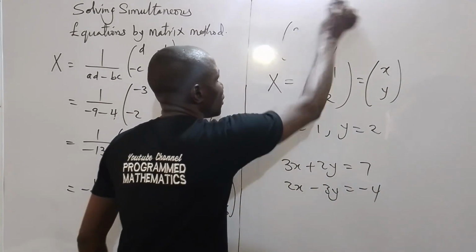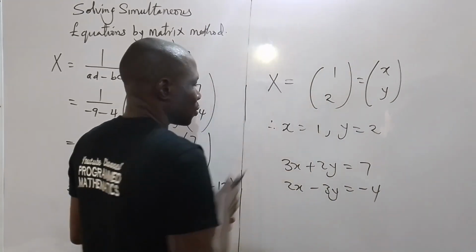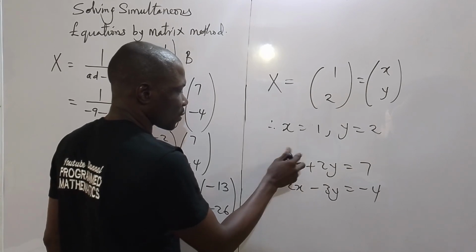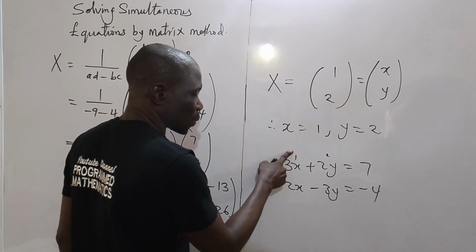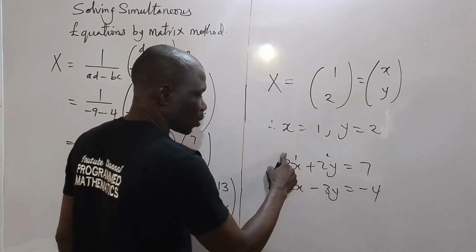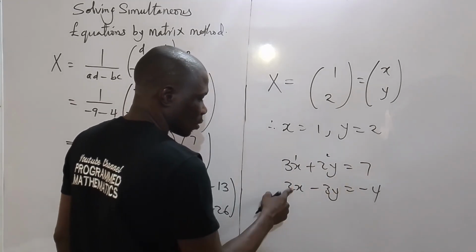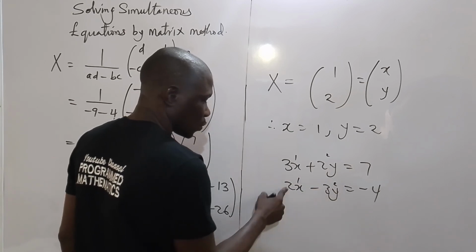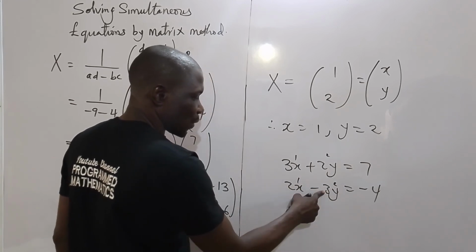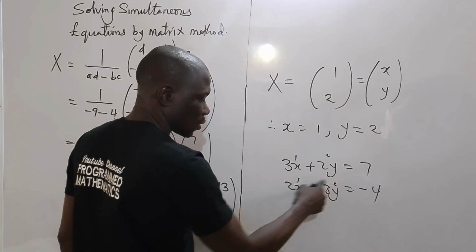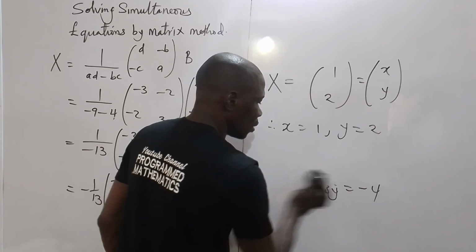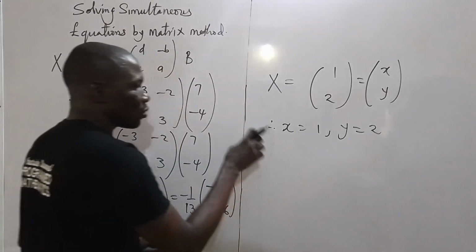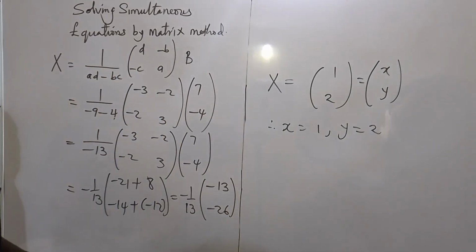If you bring in 1 for x, 2 for y, 3 times 1 is 3, 2 times 2 is 4, 3 plus 4 is 7. Then 2 times 1 is 2, 3 times 2 is 6, 2 minus 6 is minus 4. So what we have as the values of x and y are very correct.